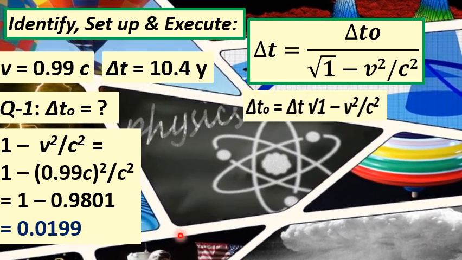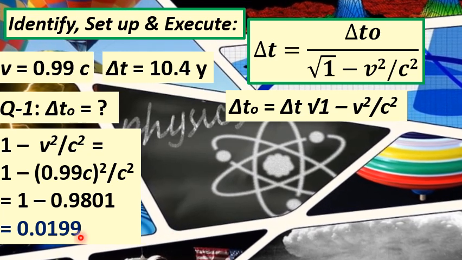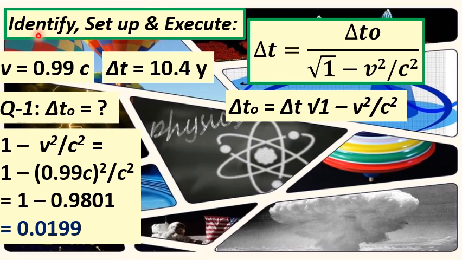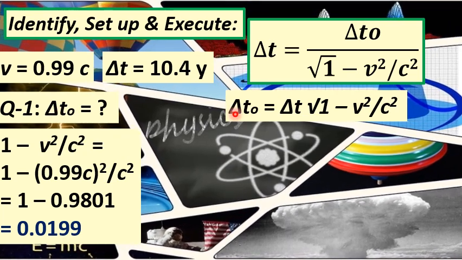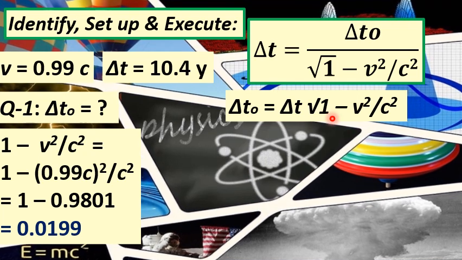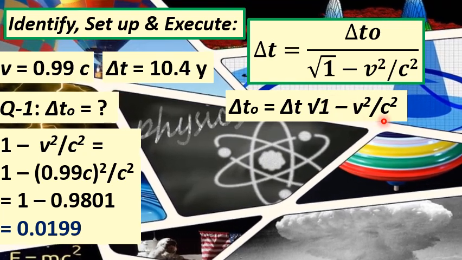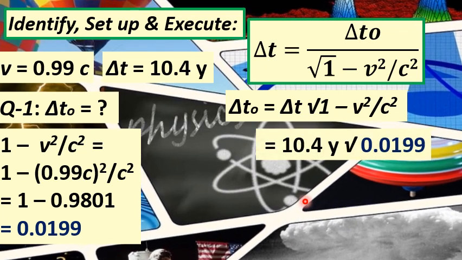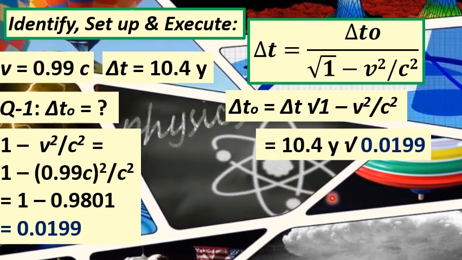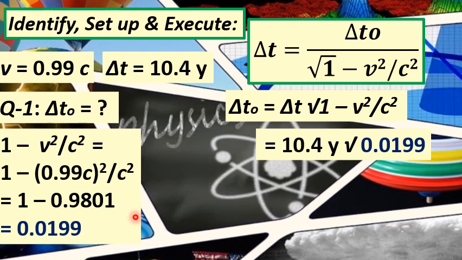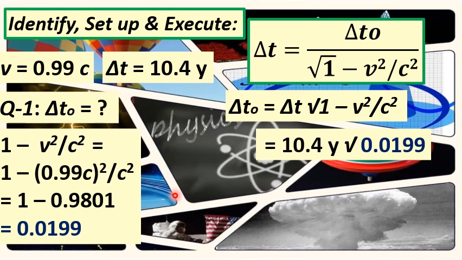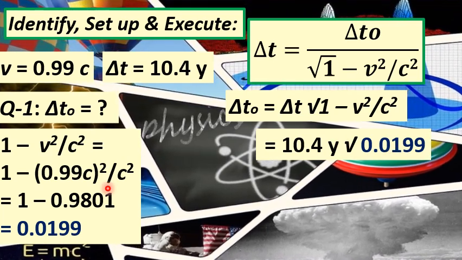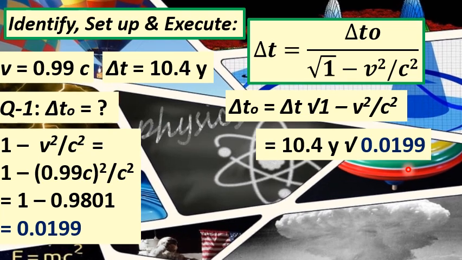And since our target variable is delta t naught, we can isolate delta t naught and come up with this working formula. Delta t naught equals delta t multiplied by the square root of 1 minus v squared over c squared. So substituting, we get delta t, which is 10.4 years, multiplied by the square root of the number inside the radical sign, which you already have simplified, equal to 0.0199.